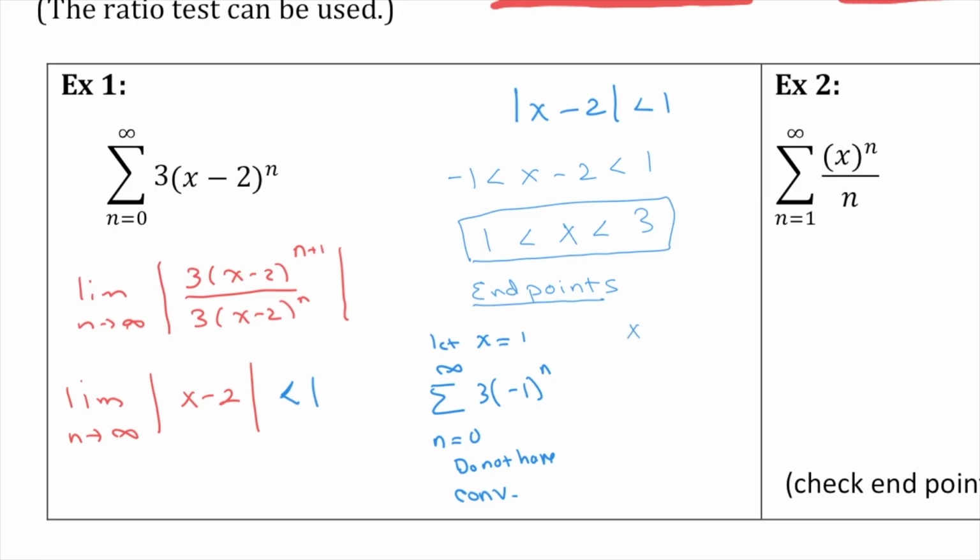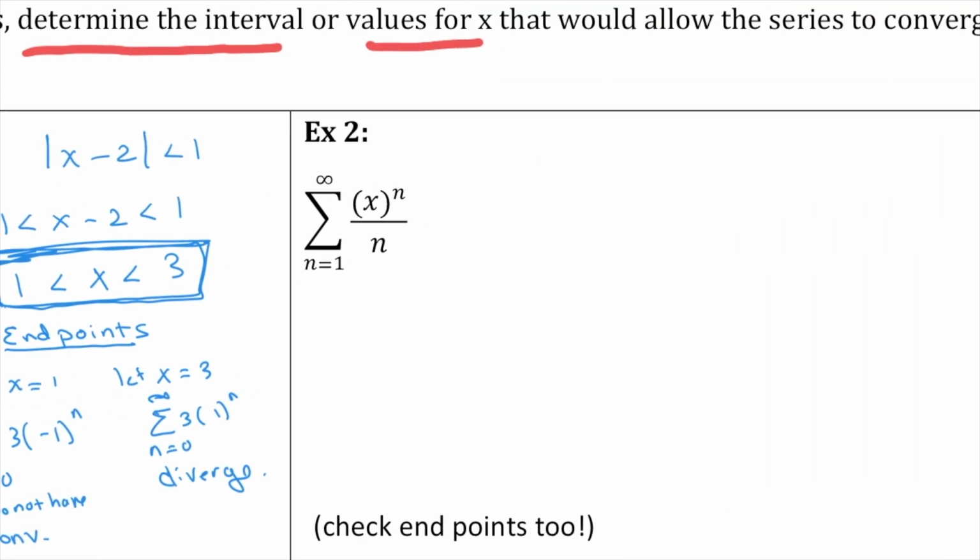Let's check out 3. When x equals 3, substitute 3 into our series. We have n equals 0 to infinity, 3 times 3 minus 2, which is 1, to the nth power, which is 1. If you keep trying to add 3 over and over again, this again does not converge. It will diverge, in which case our final answer is we will have convergence on our interval 1 less than x less than 3.